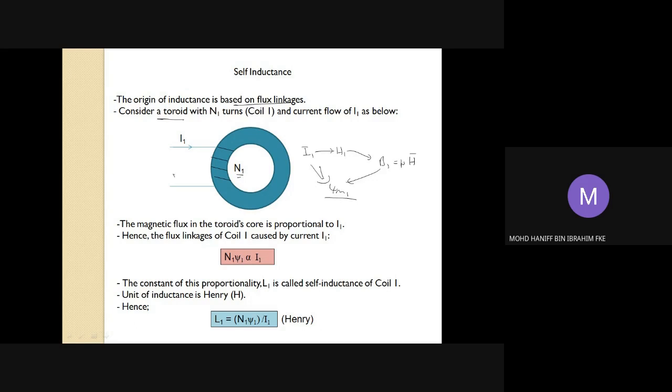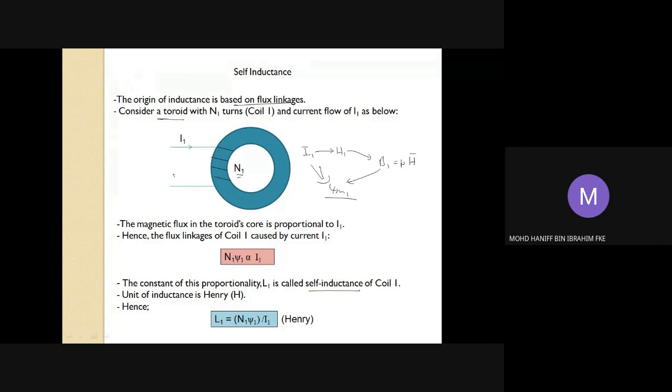Okay, so basically we can define the inductance as the ratio between the flux produced and the current I that produces the flux. So that's what we call the self-inductance.